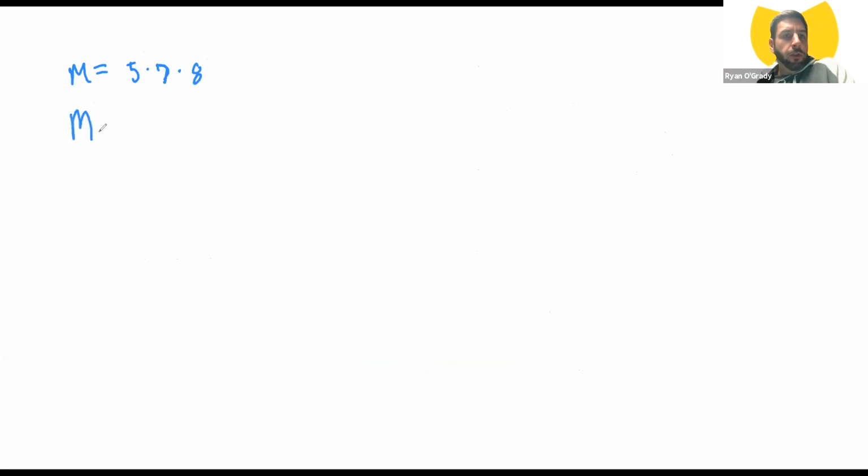Now I'm going to construct my capital M sub 1s. By the way, you guys love to do this when you're learning, so maybe I'll do it for you. 5 is, for comparison, little m sub 1. 7 is little m sub 2. And 8 is little m sub 3. I'll be very careful with how I distinguish my lower cases from upper cases, trying to make my upper cases not round, but sharp.